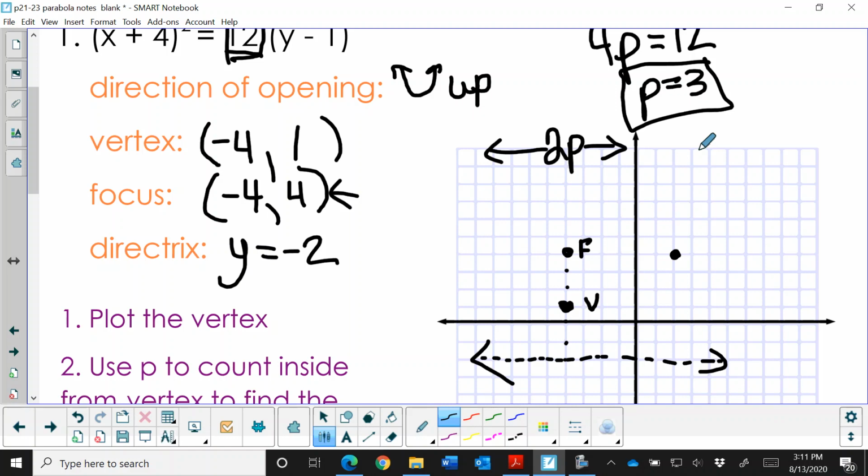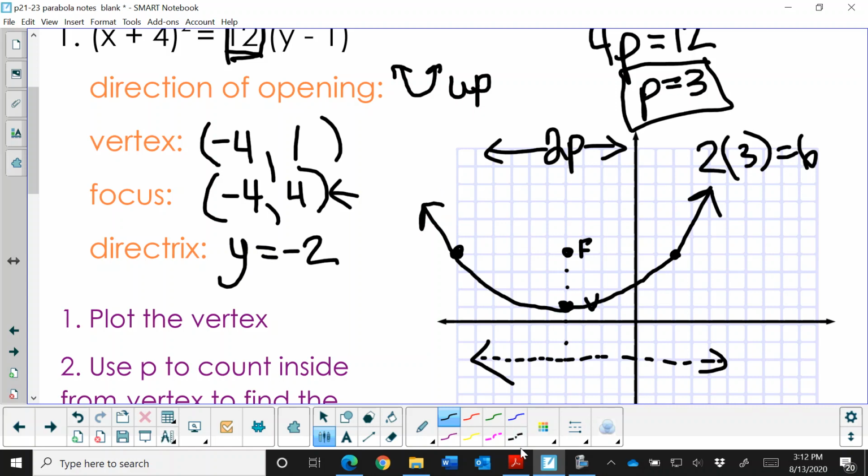Where am I getting 6? 2 times 3, which is 2 distances of p. And then I'm going to count 2 p's to the right, 1, 2, 3, 4, 5, 6. Now, from the vertex, the parabola is going to go up through each of these points to the left and to the right.